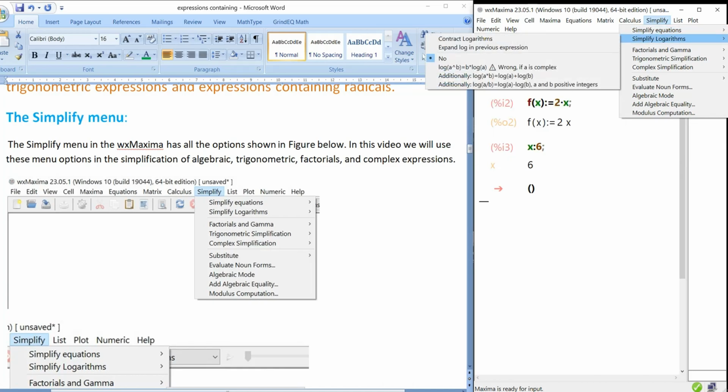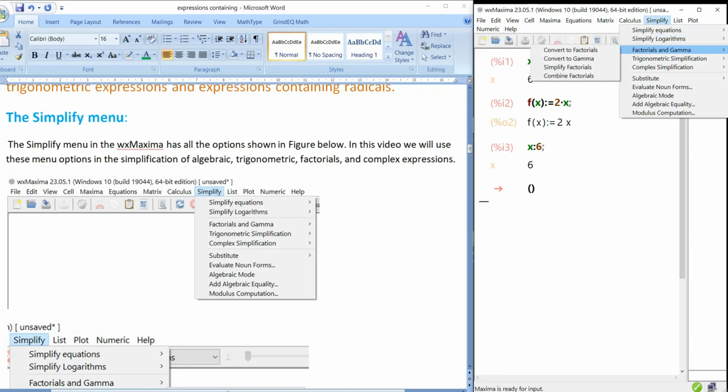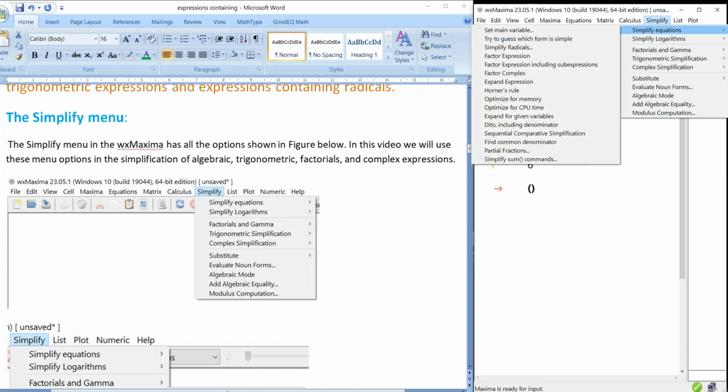So first option is simplify equations, second option is simplify logarithms, third option factorials and gamma function, fourth option trigonometric simplification, and so on. There are many options down the line. So in our current topic we are dealing with the simplify menu.